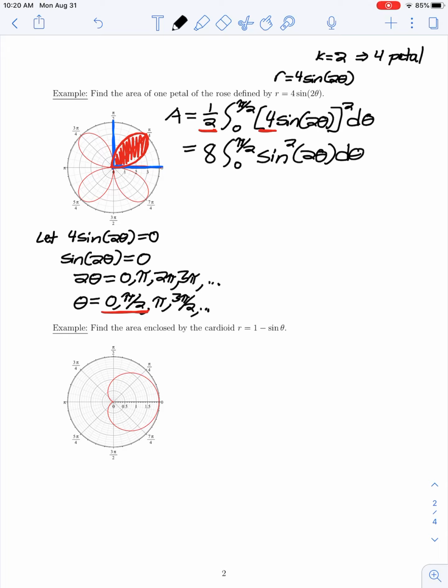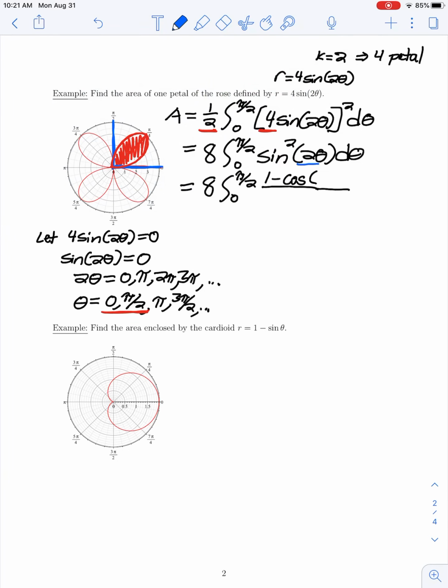Now recall, in order to integrate even powers of sine or cosine, we have to make use of a half-angle identity. And the one that we would use for sine squared is that sine squared is the same as 1 minus cosine of twice the angle that we were working with.